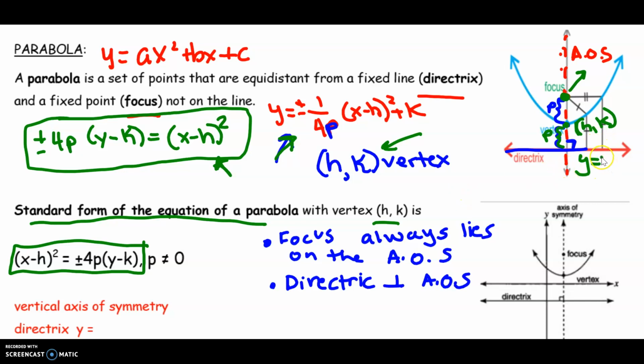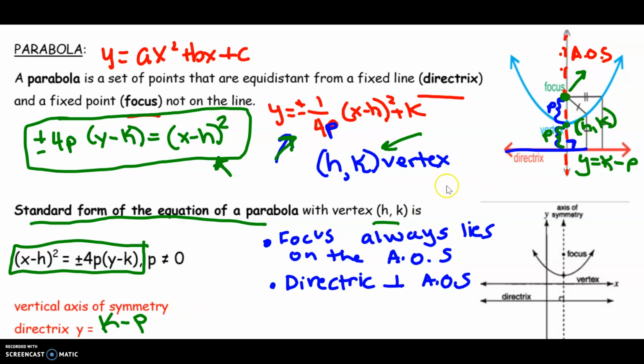So take the y value of your vertex and subtract the p value, which is the distance between the vertex and the directrix, or the vertex and the focus. So that's something that's nice to know. I honestly don't memorize that. I think it's just organic to figure it out while you're looking at the equation. But if you like to have steps and something to reference, you could definitely use that.